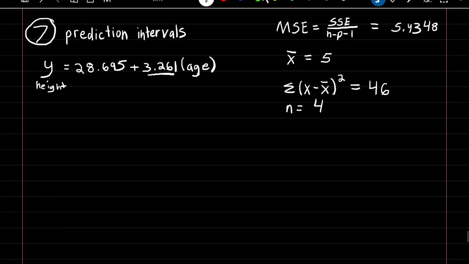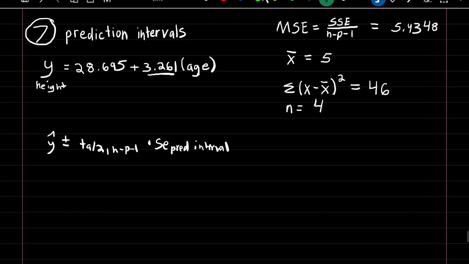And then we do the same thing for our prediction interval. So the only thing that's going to change is the standard error again. So predicted y plus or minus our alpha value over 2 with n minus p minus 1 degrees of freedom times our standard error of our prediction interval.